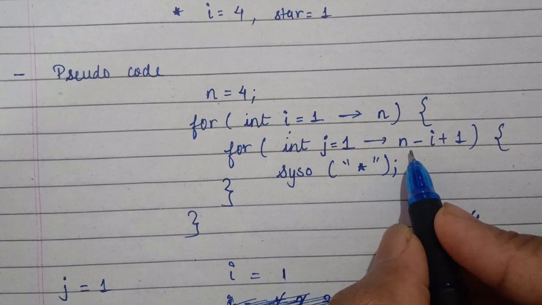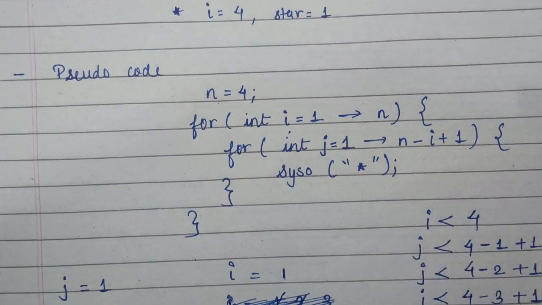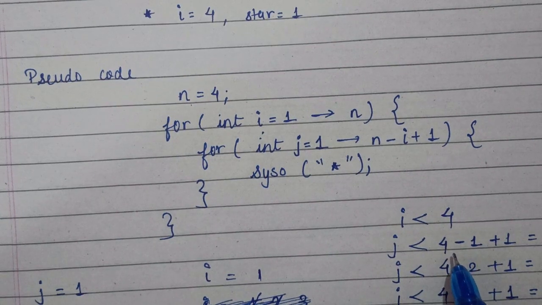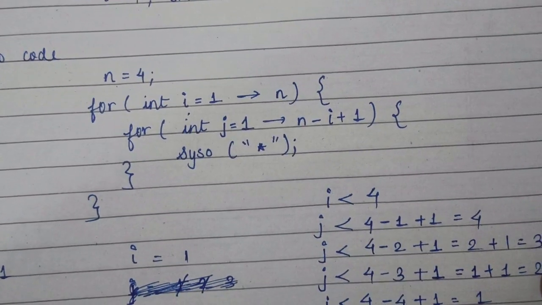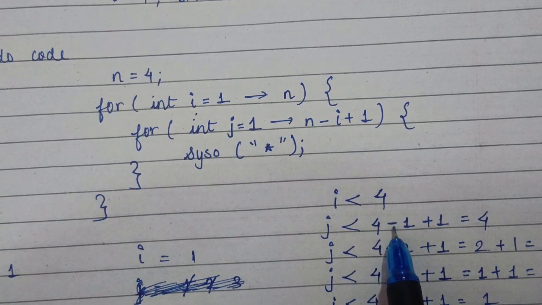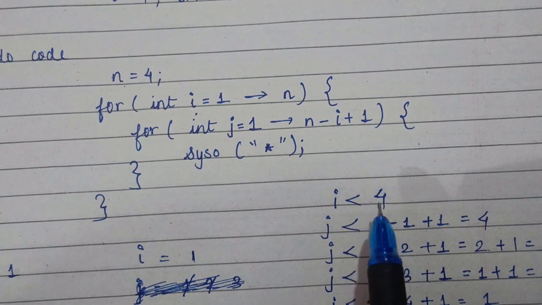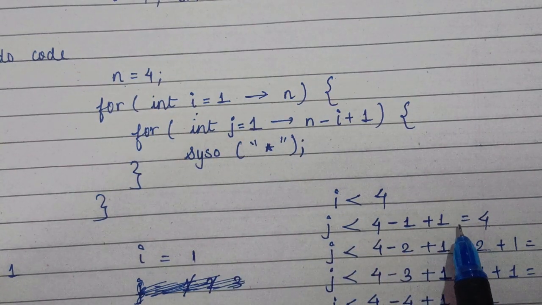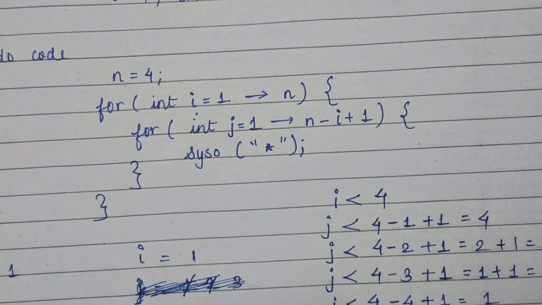Is j less than or equal to 4? Now I have created a condition: 4 minus 1, as i's value is now 1, plus 1. The answer is 4. Okay.